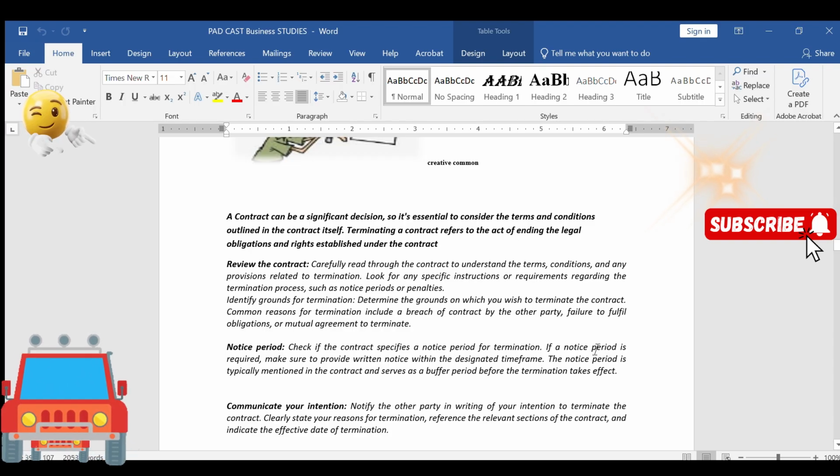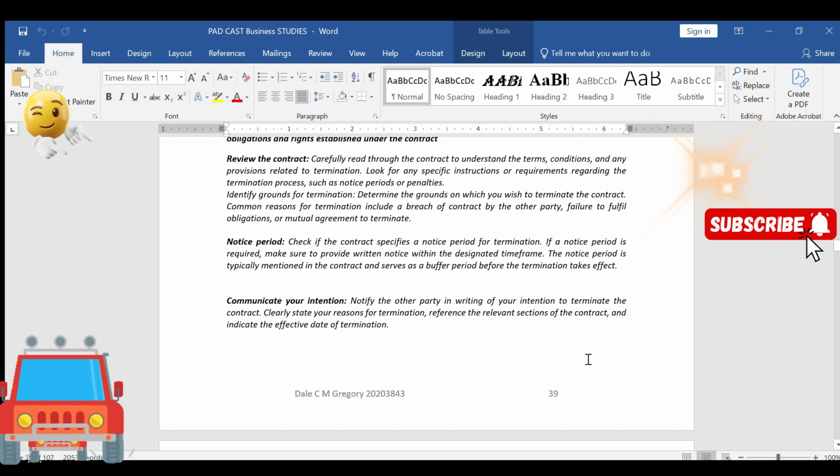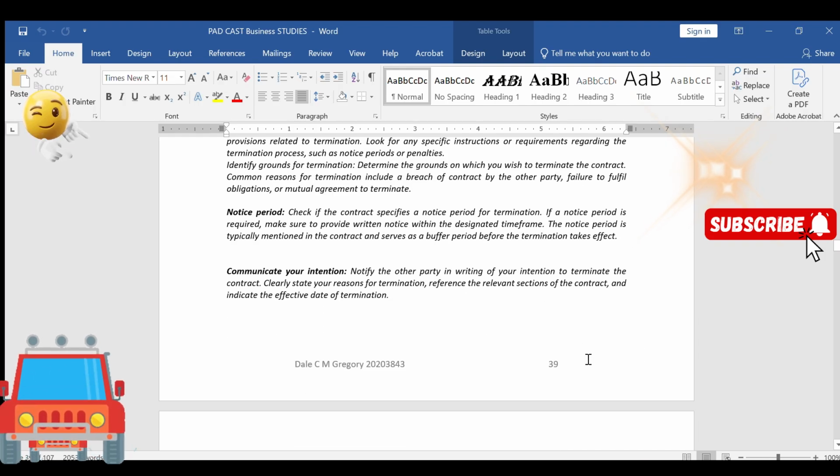Identify grounds for termination. Determine the grounds on which you wish to terminate the contract. Common reasons for terminating include a breach of contract by the other party, failure to fulfill obligations, or mutual agreement to terminate. Notice period.